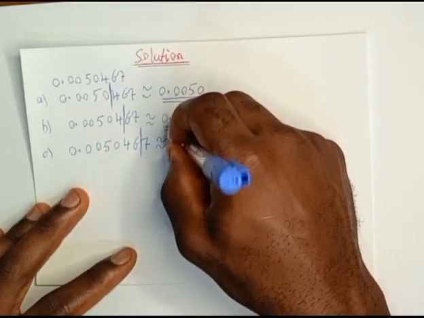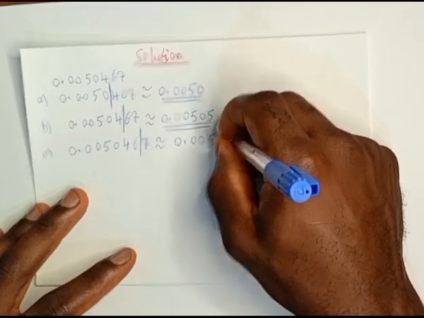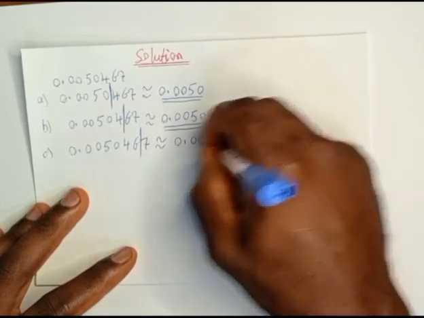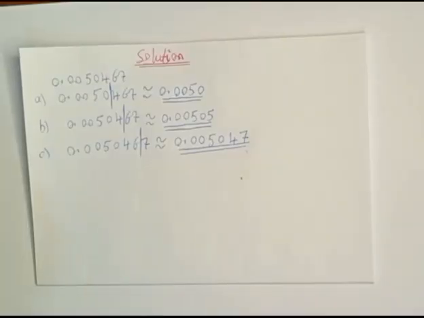This will be approximately 0.0050047. So 4 significant figures. This is how we perform approximations to a specified number of decimal places or a specified number of significant figures.